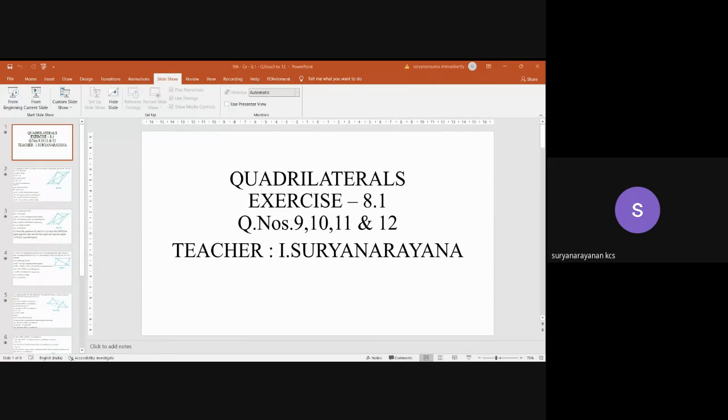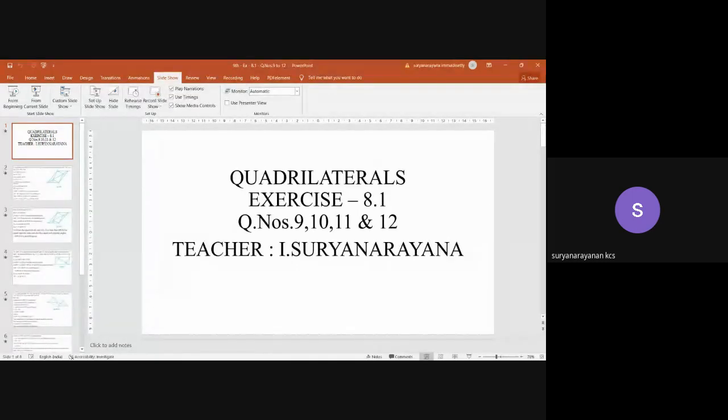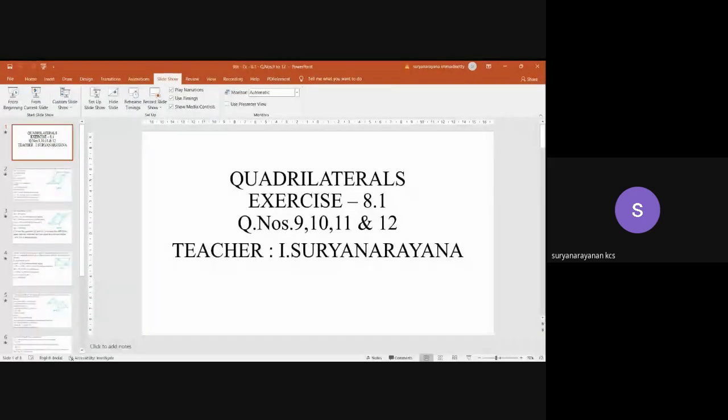Exercise 8.1. In this exercise 8.1, sorry, I will start 8.1.